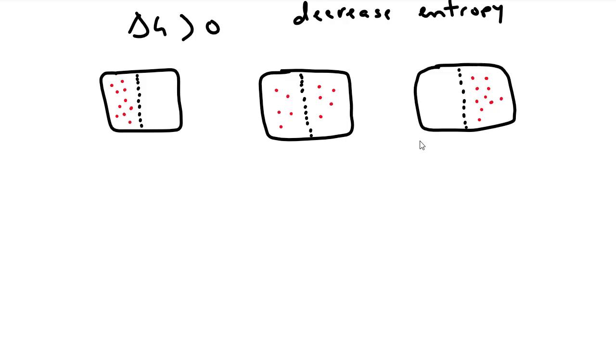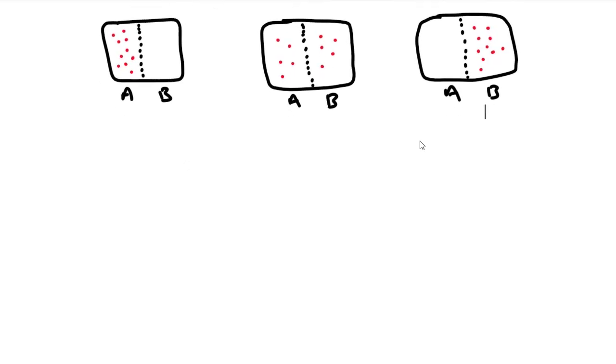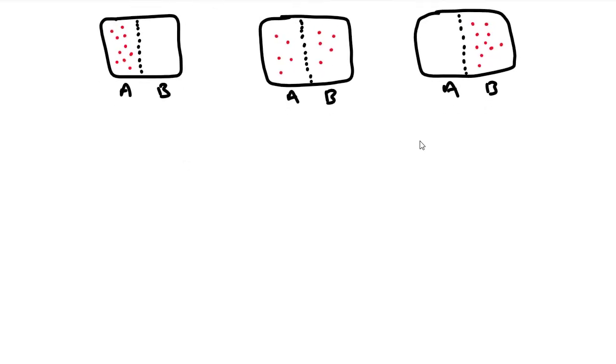And we gave these compartments a name. So A, B, A, B, A, B, right? Okay, so we're good. So let us now tie this to delta G.